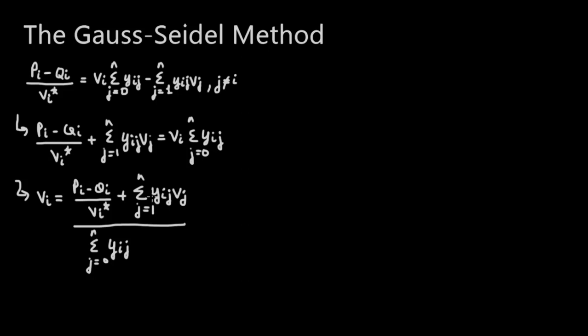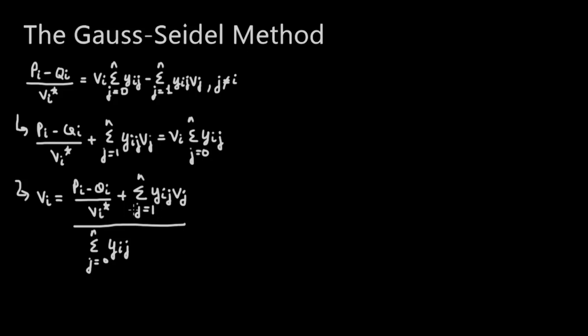So for example, we can assume initially that a voltage at a certain bus is 1 per unit. Then we run through this calculation and we get a value of, let's say, 1.002 per unit. Then we run the calculation again using that 1.002 now as our guess of what the voltage is going to be. And we will get a different result again, let's say 1.0021 per unit.